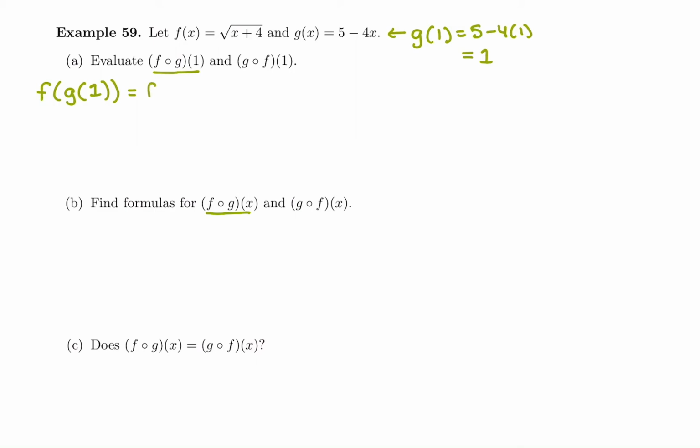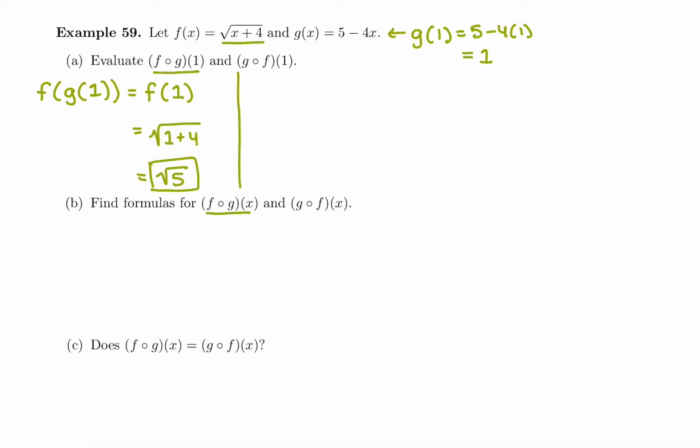So I'm really doing f of 1. And now I'm going to plug into the function f. For f of 1, I'm going to have the square root of 1 plus 4, which is the square root of 5. So f of g of 1 is the square root of 5.